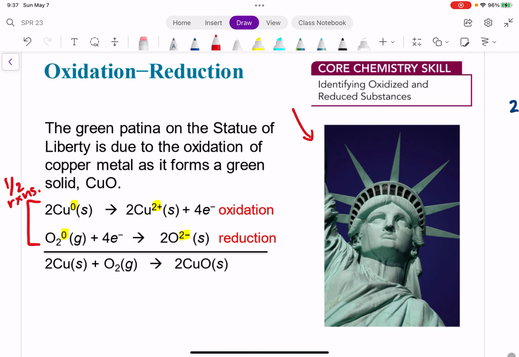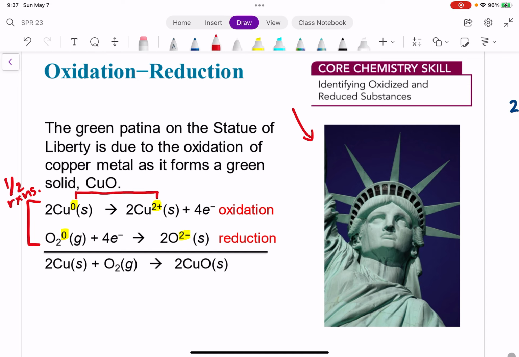So in the beginning of this first half reaction, we have a 0 oxidation number, or no charge, on copper. And then after it loses those electrons, each copper atom or ion has a 2 plus charge. So it's gone from a 0 charge to a positive charge.